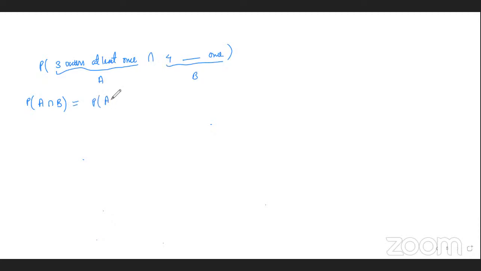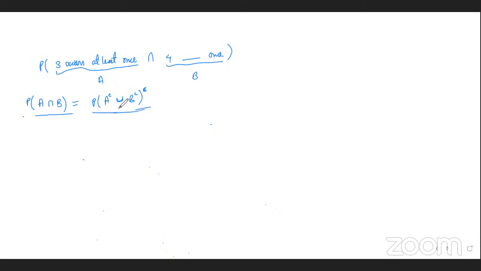So this is De Morgan's law that we use. So this is probability of A complement union B complement, whole complement. Is this clear? So in order to find probability of A intersection B, we'll have to find this.